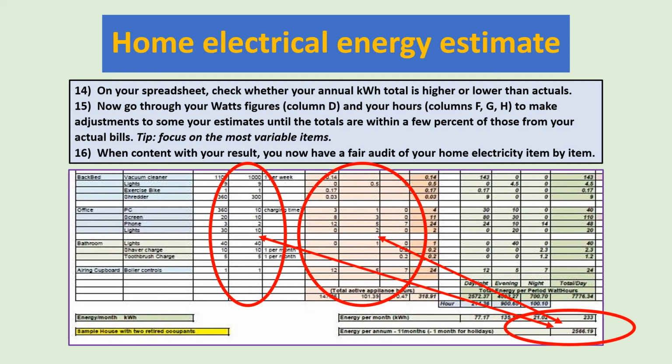You can now go through your watts figures you entered in column D and your hours figures entered in columns F, G and H to make some adjustments to some of your estimates until your totals from the estimates are within a few percent of those from your actual bills. As a tip, I would focus on the most variable items. When you're content with your result, you should now have a fair audit of your home electricity, item by item.